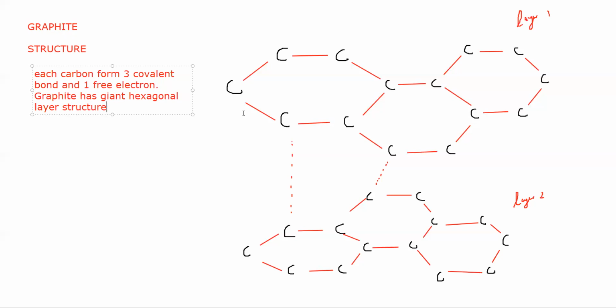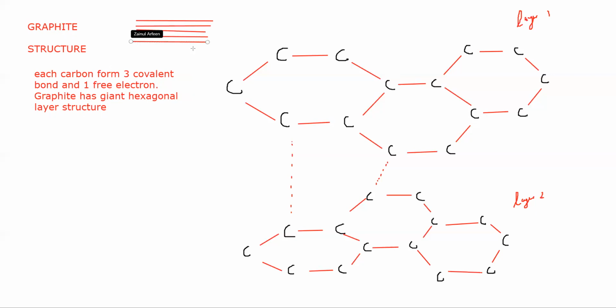So it is giant and hexagonal because 6 carbon atoms are there, and there are layers because this is one layer. If you look from the sideways, how it will appear: if this red line represents one layer, then this will be the second layer, third layer. So a group of carbon atoms in the layer.